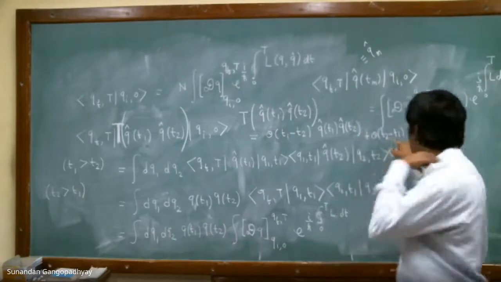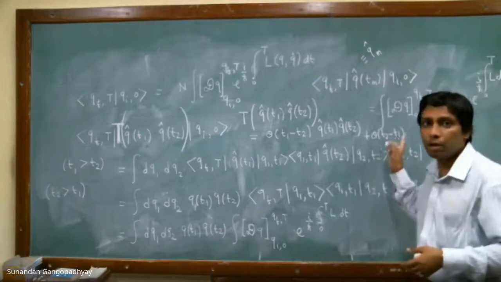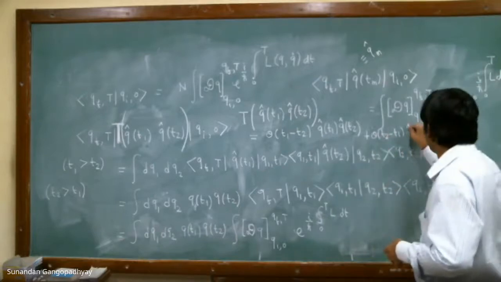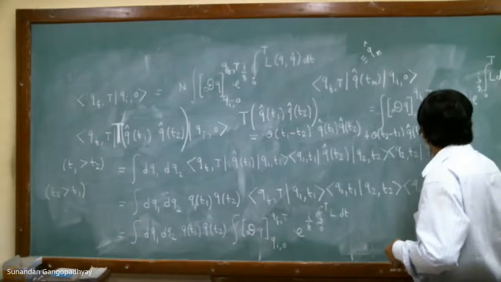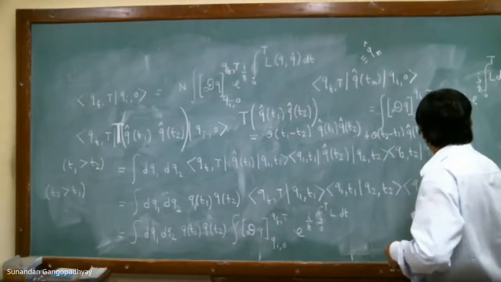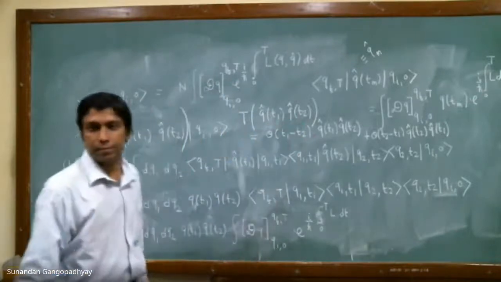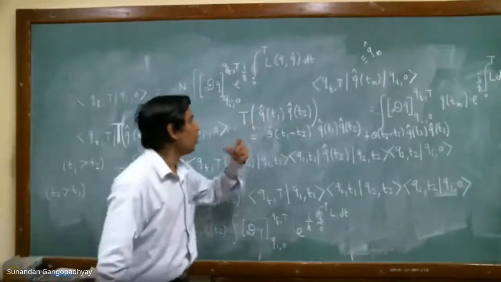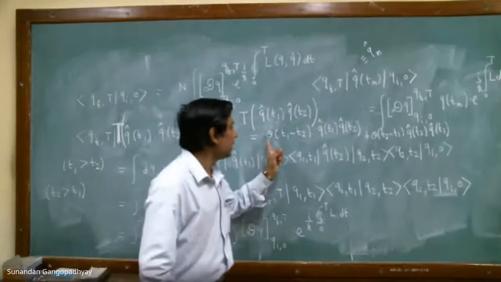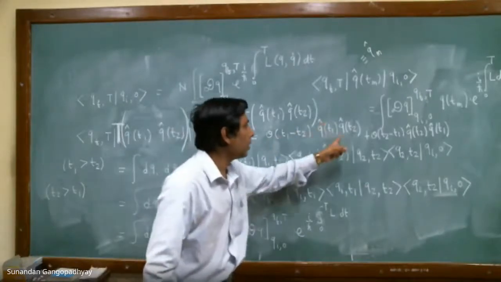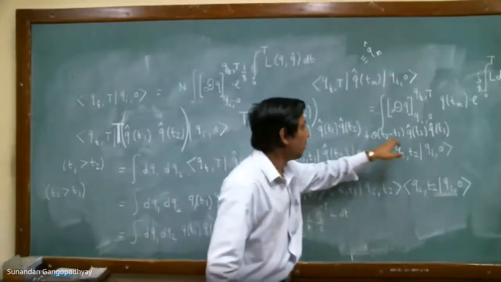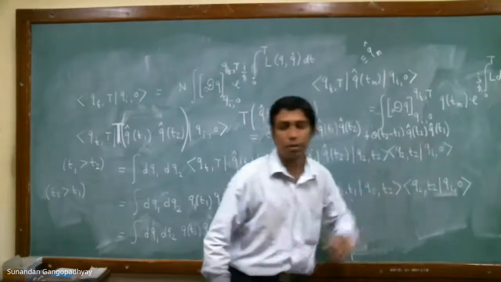So now when T_2 is greater than T_1, this one fires, and then you will have Q at T_2 on the left of Q at T_1. So this is the definition of the time ordering of two operators. So we have a product of two operators, and the time ordering of that is basically theta(T_1 minus T_2) Q hat(T_1) Q hat(T_2) plus theta(T_2 minus T_1) Q hat(T_2) Q hat(T_1).